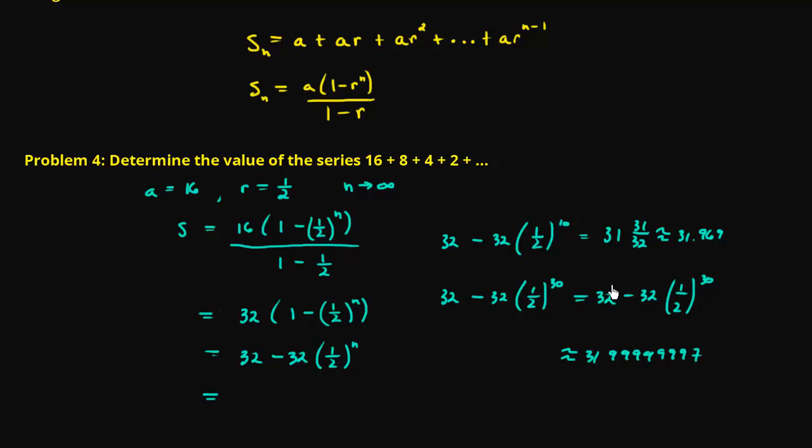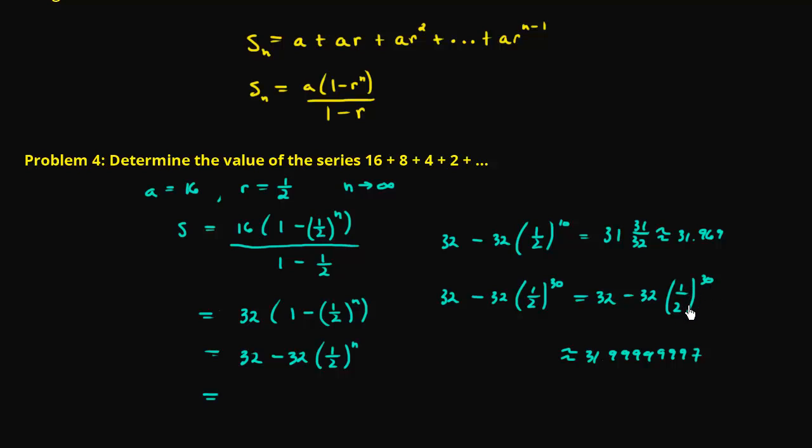So as n goes to infinity, or as I add an infinite number of terms, this second term becomes minus 32 times 1/2 to the power of some really, really large value, an infinitely large value.